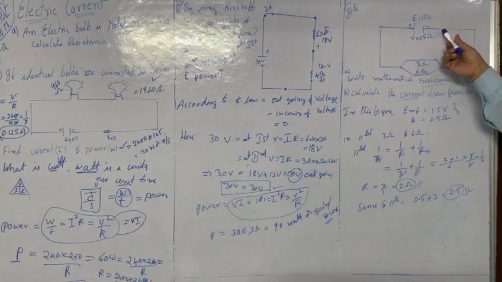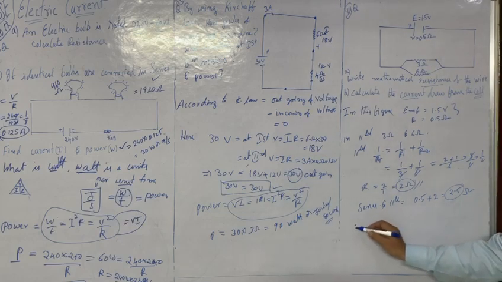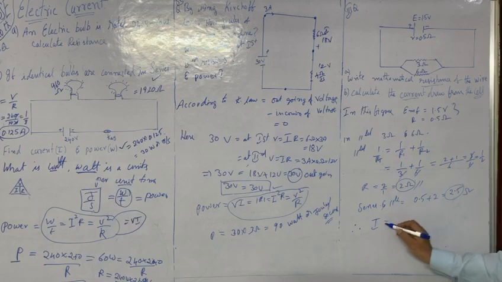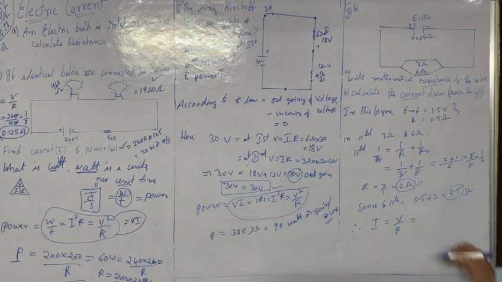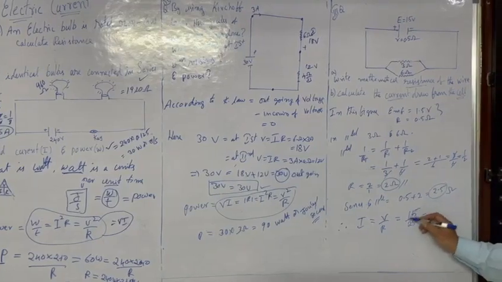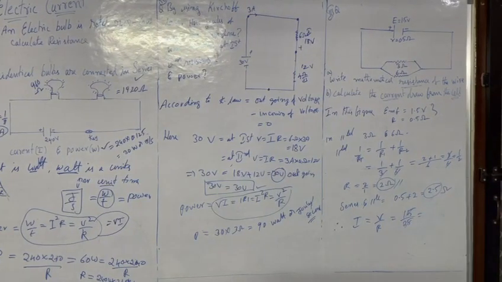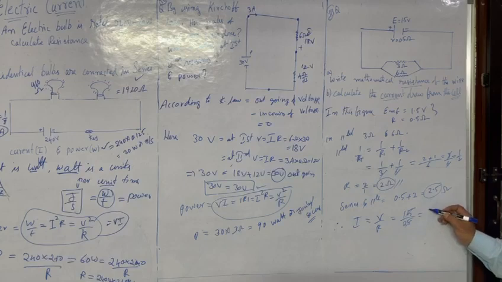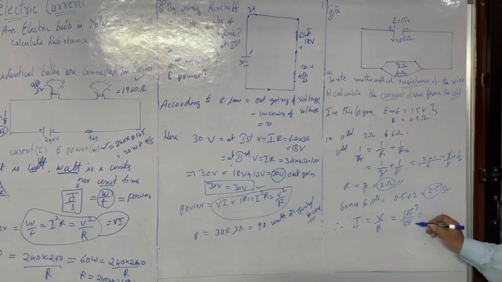Then, I is equal to V by R. What is V? V is 1.5, so 1.5 by 2.5 is equal to 15 by 25, which is 3 by 5.